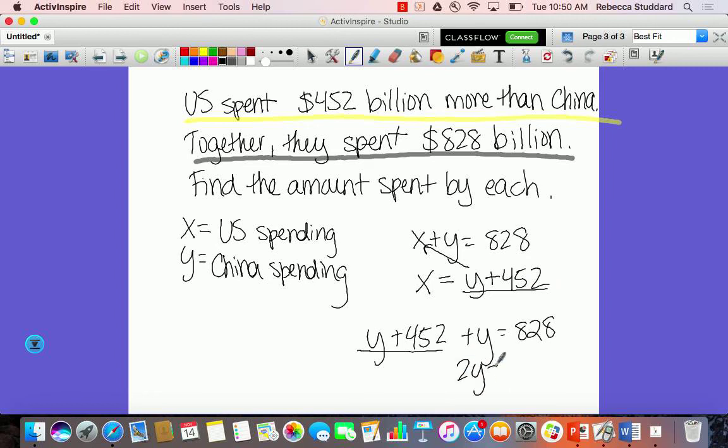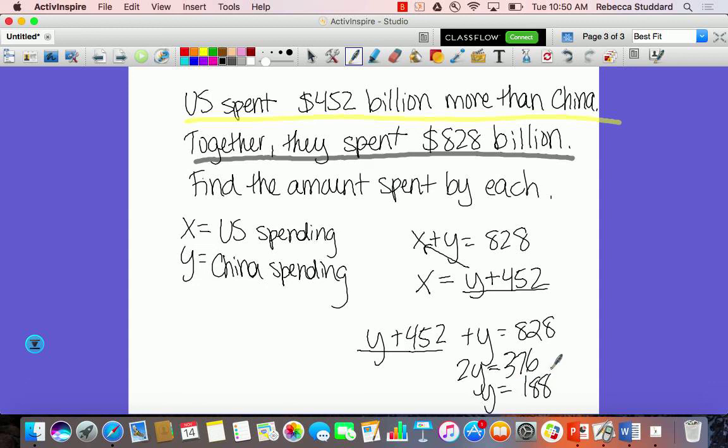So 2Y equals 828 minus 452. What is it? Okay. So 828 minus 452. 376. And so Y is 188.